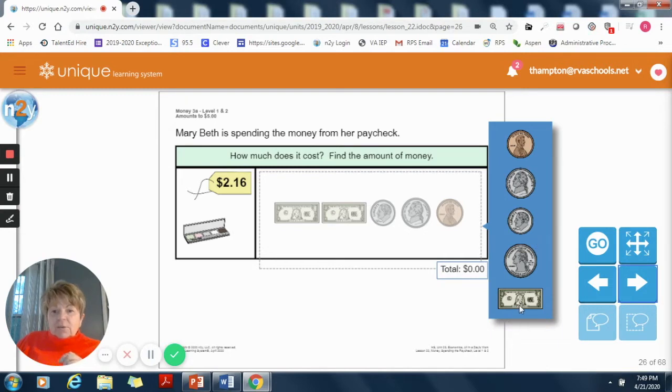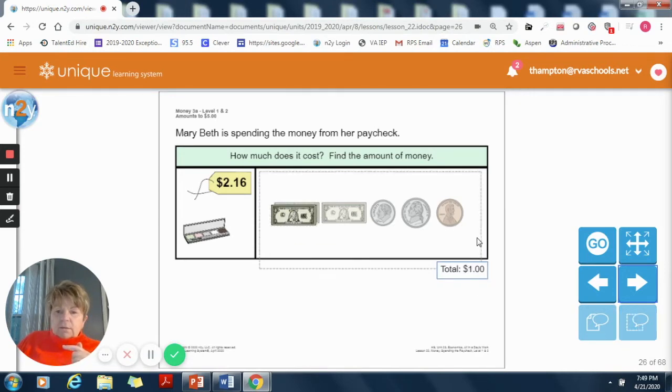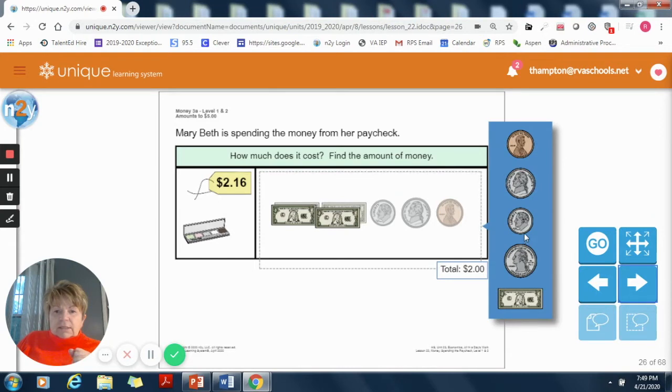Here we go. Where's our dollar? Yes, there's our dollar. We need 1, 2. So see here we have $2. All right, let's see what we do next. Which coin is this? What's the name? Tell a family member. Name is a dime, which is worth 10 cents.